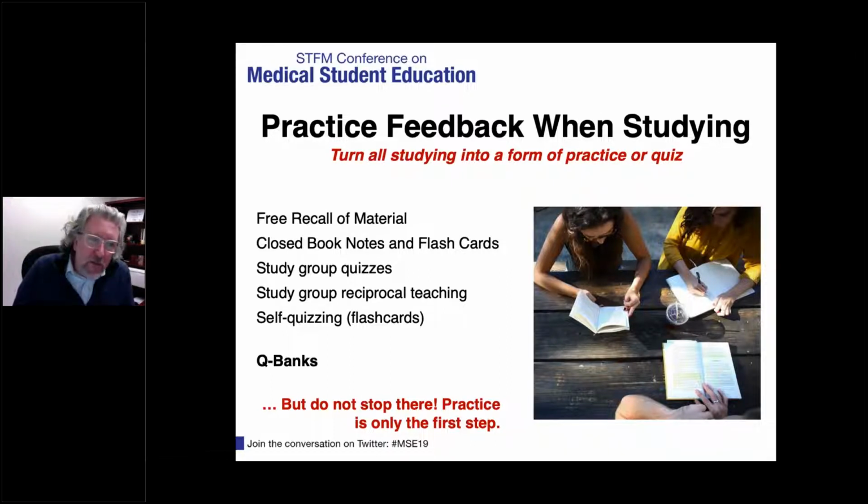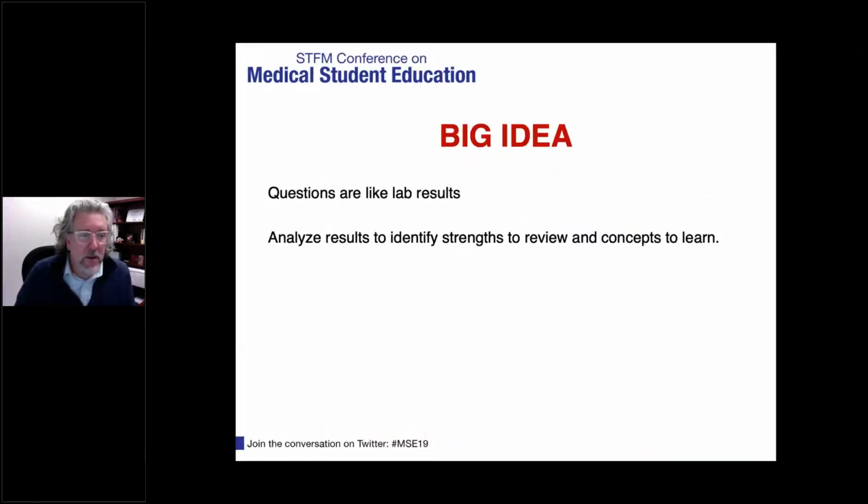All right, and of course, what everybody knows is to do Q banks, and that's important, but we can't stop there. Practice is only the first step. We need to think about doing practice problems as analogous to lab results. We don't do them to do them.